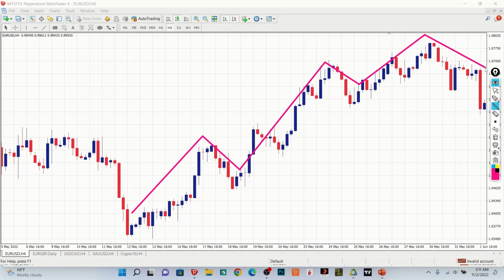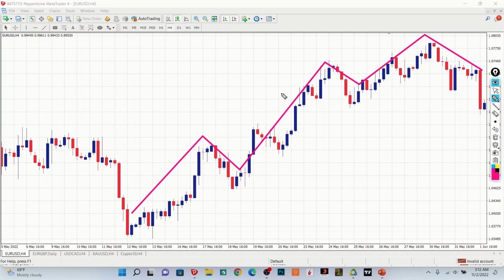When using the Fibonacci extension tool, we want to pick these extensions. In Fibonacci retracement, we pick these retracements right here. But in Fibonacci extension, we look for the extensions, this swing high, this movement. We use it as a potential take profit, or sometimes as a stop loss, but in most cases as take profit.